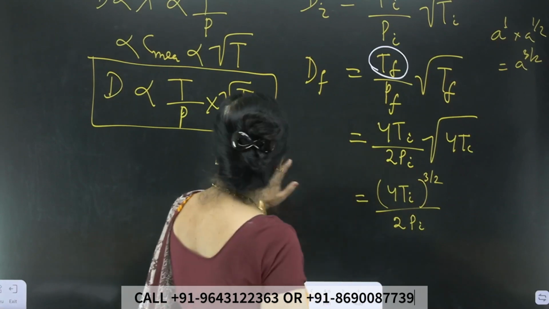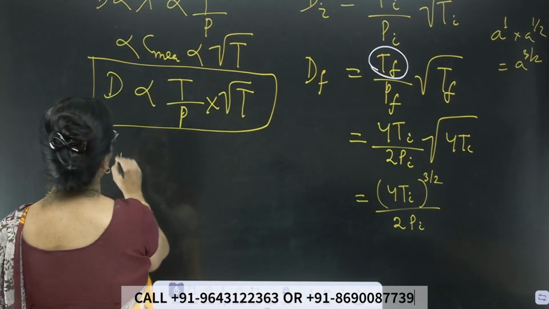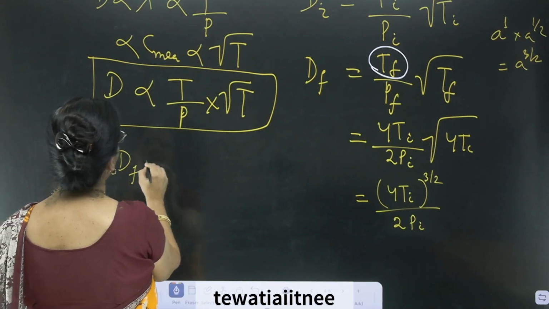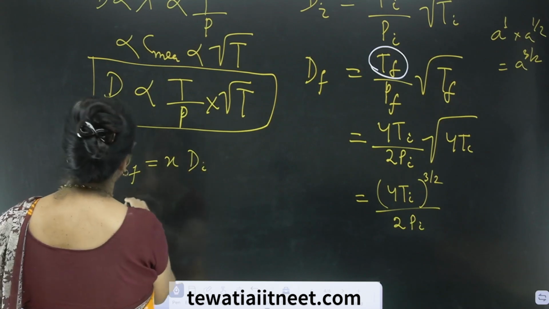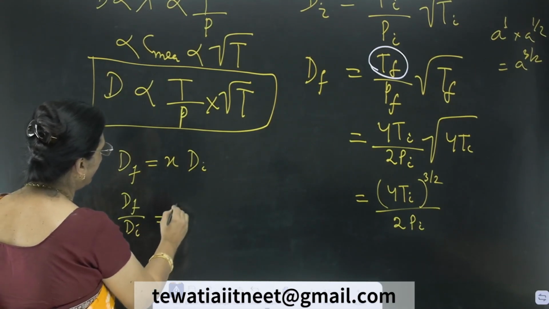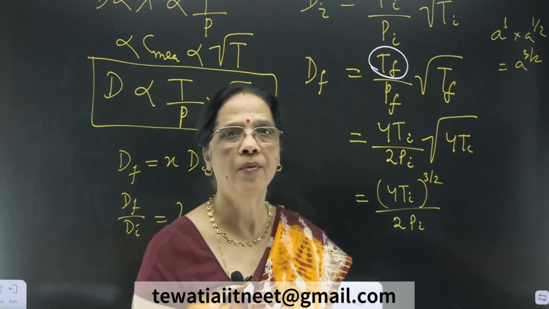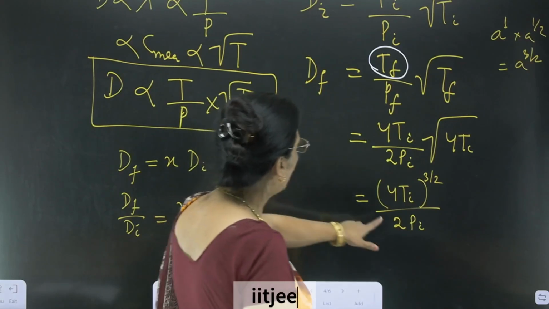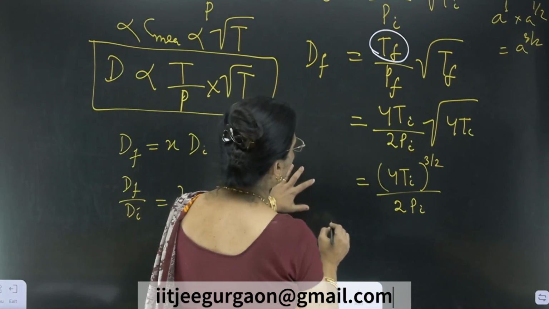Now we have to find the relation between Df and Di, that is Df by Di is equal to how much. It will be x, and we have to find the value of x.